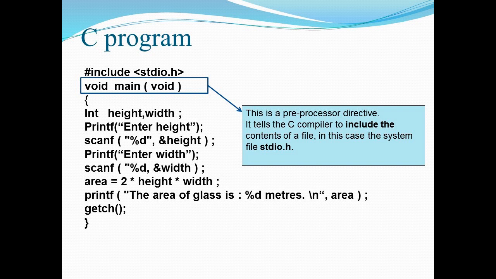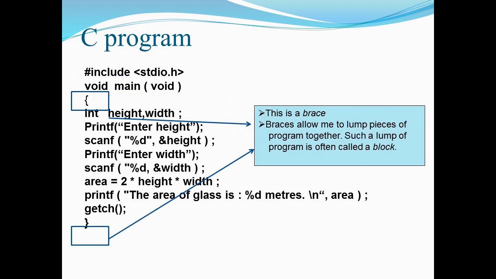Now the next thing that we should focus upon is the main function. The main function starts with void main, and void means that it doesn't take any value and it doesn't return any value. The first void means that it doesn't return any value, and within the rounded brackets the second void means that it doesn't take any value. This is the topmost function in any C program.